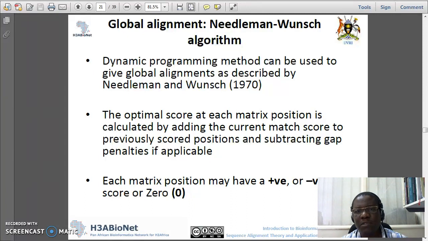So to get an optimal score for the alignment from this, you have to add up the sum of all the positions, and you have to subtract the gaps where they would have occurred. And in that substitution matrix that's used by the Needleman-Wunsch algorithm, the scores themselves for the pairings can be positive or negative or even 0.